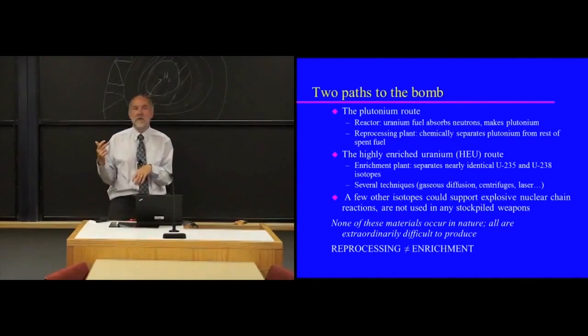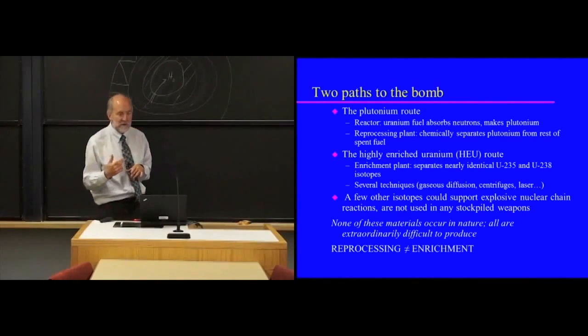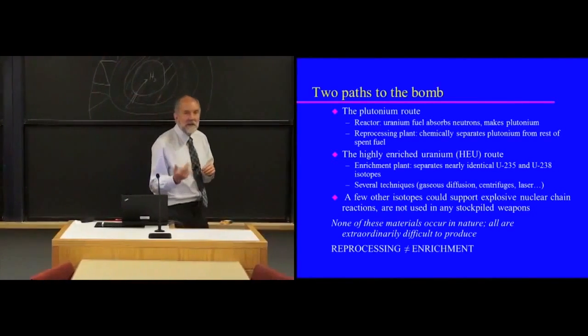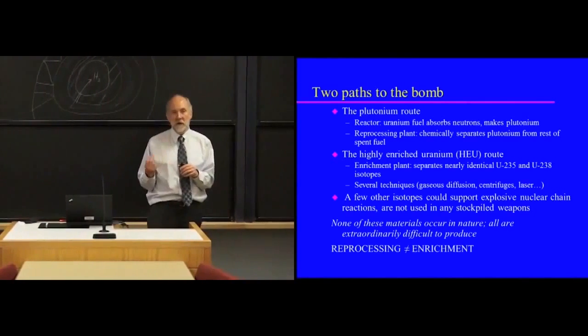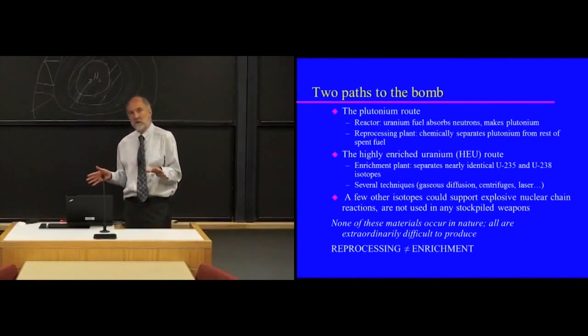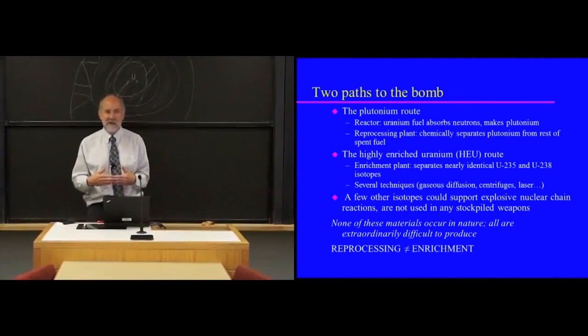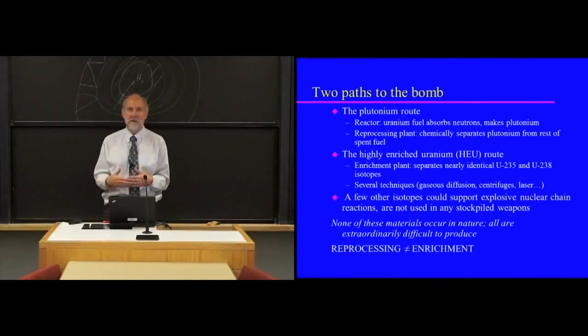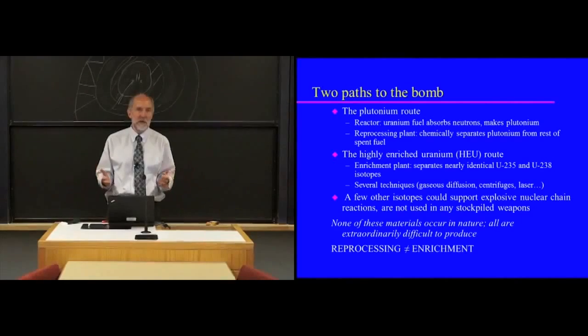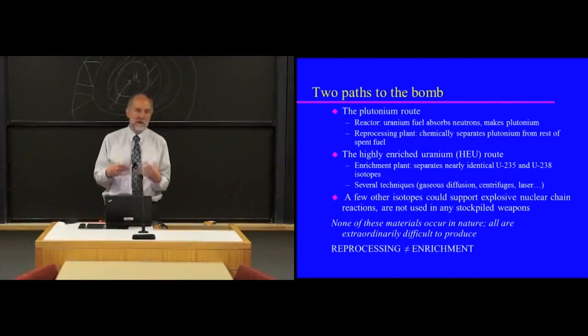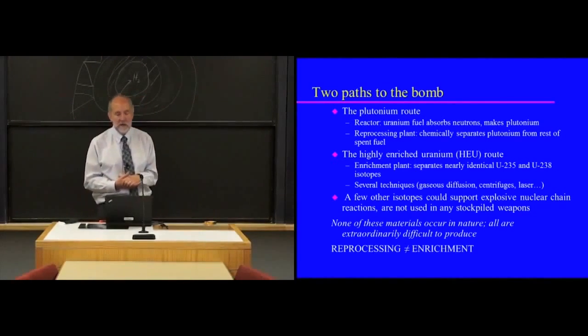Uranium-238 has 3 more neutrons. Okay? Those 3 extra neutrons make uranium-238 very difficult to split and incapable of sustaining a nuclear chain reaction, either a chain reaction in a reactor or an explosive chain reaction in a bomb.